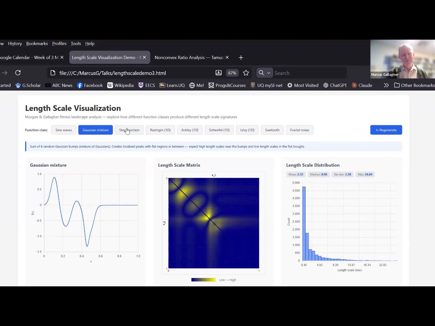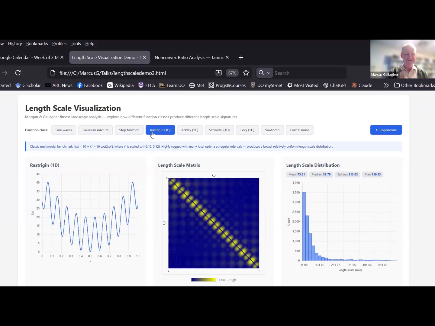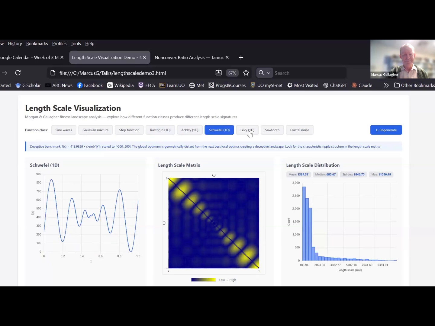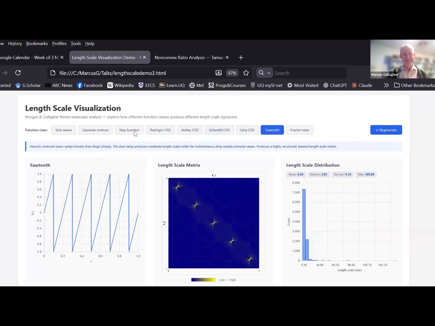So we can get a variety of different pictures just to get a feel, just to see what this length scale thing produces for different functions. That's kind of nice, I think. So there we go. I'll pop back to the slides.